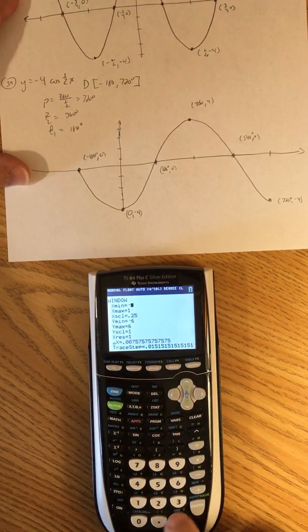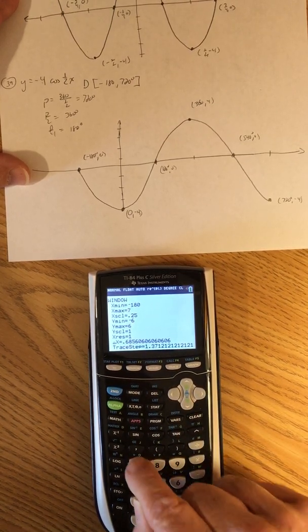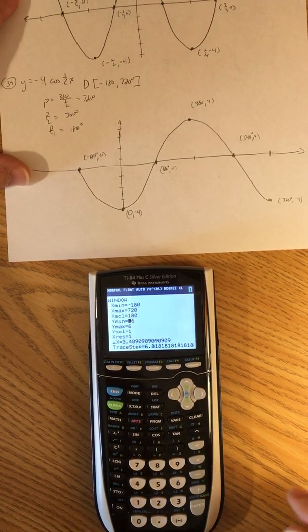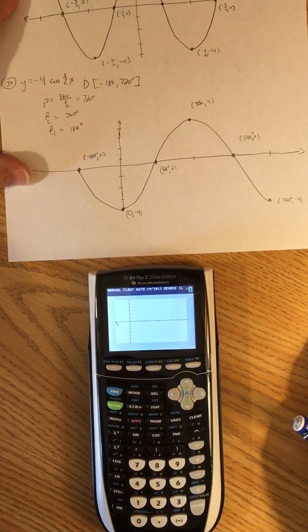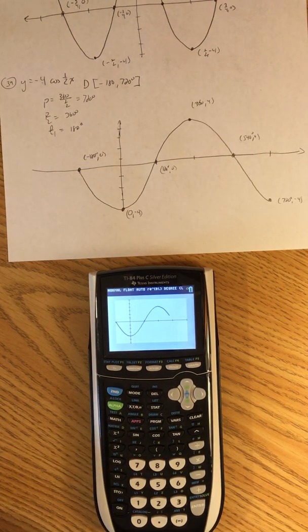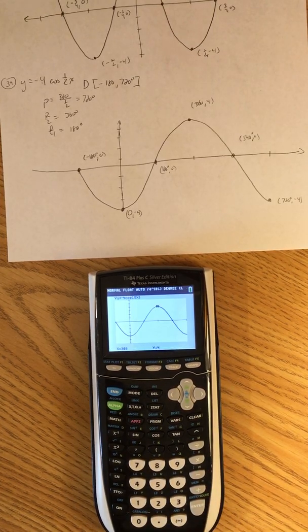Window, negative 180 to positive 720 with 180 degree tick marks. Negative 6 seems reasonable. There it goes. All right, that is looking good. Exactly the way we planned it out. Let's trace one, 360. Okay.